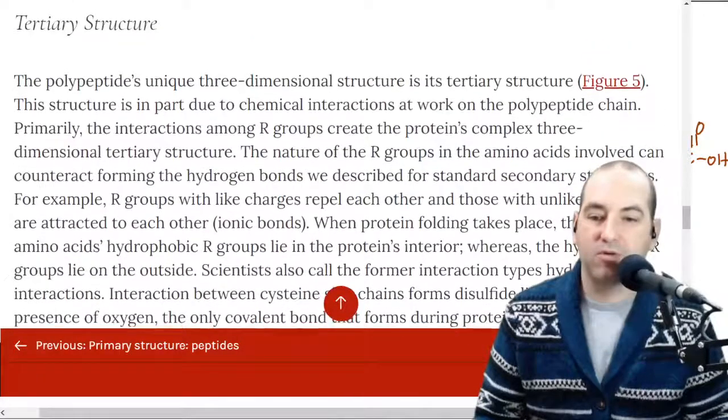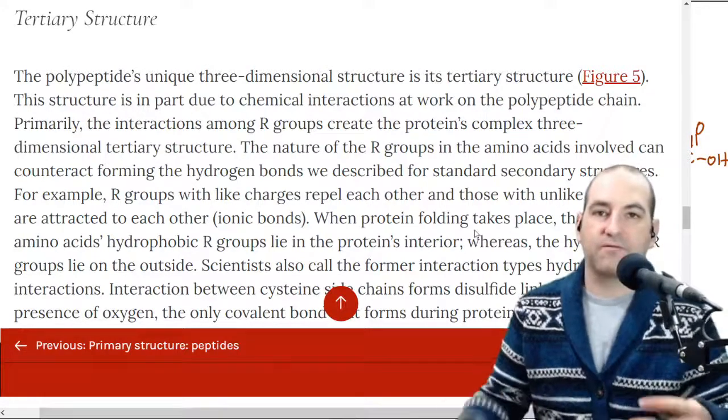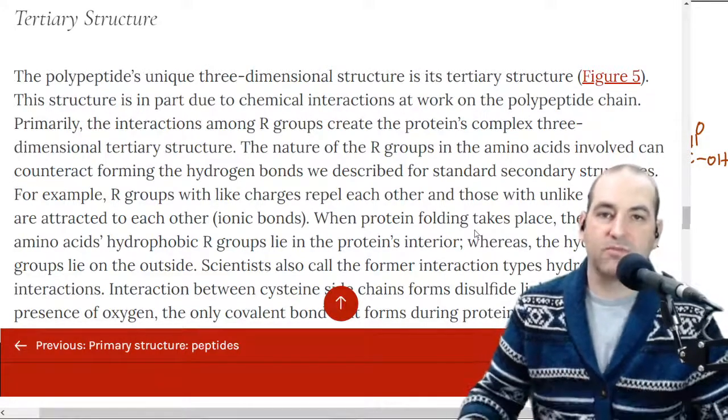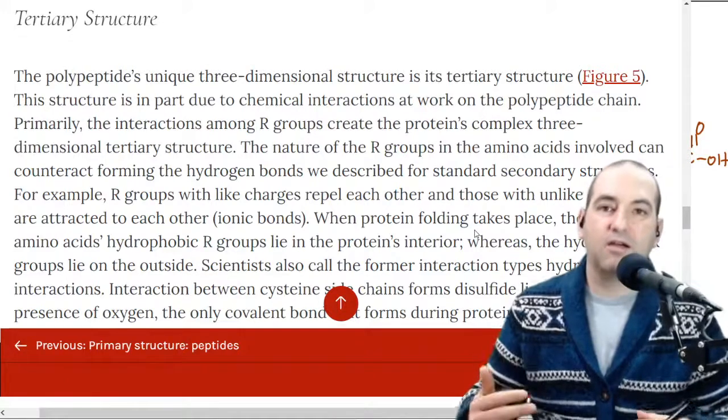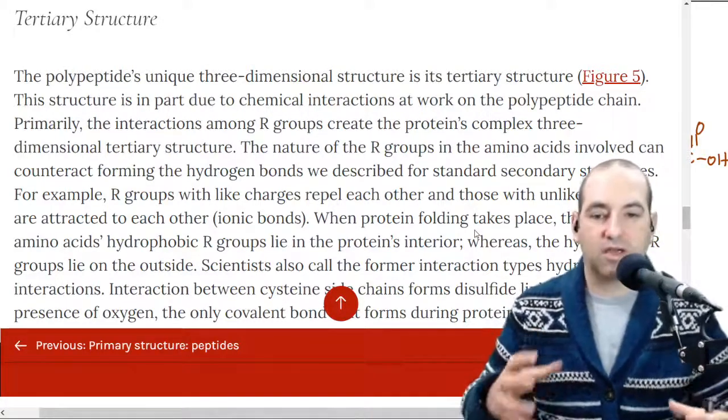All right, so then that moves us on to the tertiary structure. Tertiary means third. So we've got the first level, the primary, which is the sequence of amino acids. The secondary, the alpha helices and the beta sheets. These larger pieces get arranged.